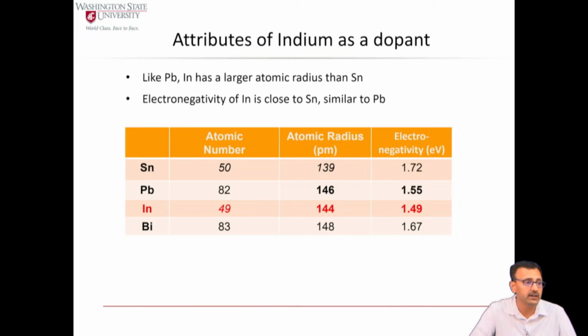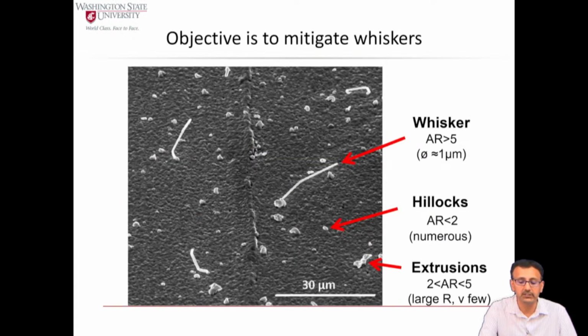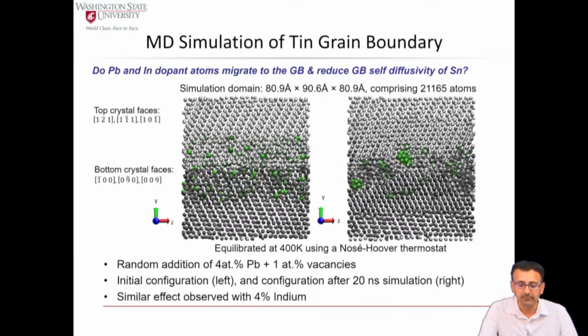It's slightly higher than the atomic radius of tin, and it also has an electronegativity which is somewhat close to that of lead. So probably that leads to the selection of indium to explore the mitigation of tin whisker growth from these surfaces. This image shows you whiskers and hillocks and extrusions on top of the surface of tin that grows out. These are obviously, as shown with the red arrows, the whiskers that grow.